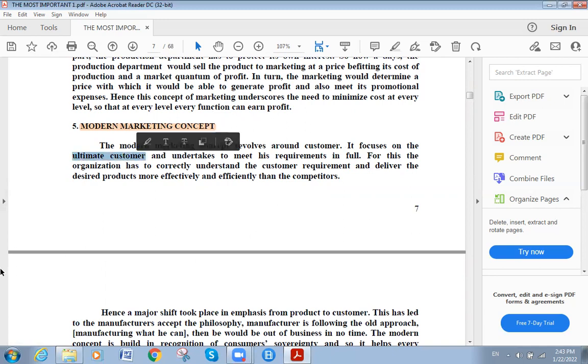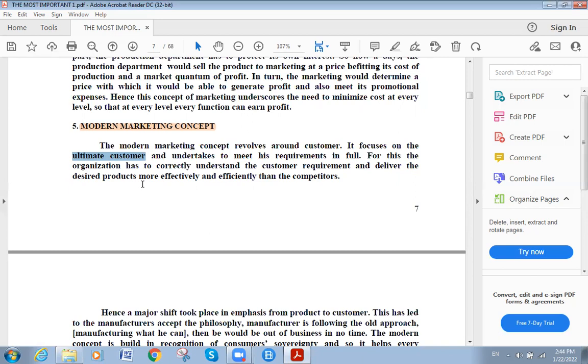Customers are the start and the end of all efforts and endeavors. So customers are the start because we have to check out what the customer wants. Then we produce to the customer what he really wants. And this is the real concept.